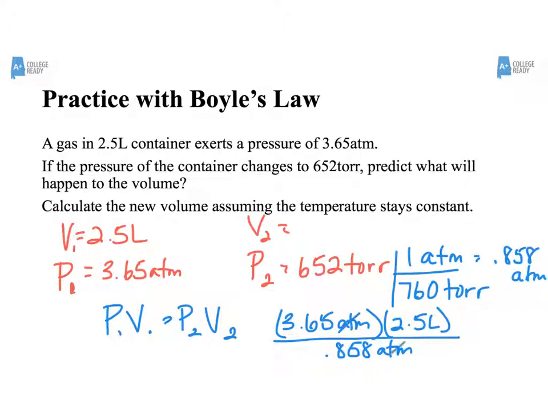Notice that these units go away and I'm left with liters, which is good because that's what we're trying to find. What is our new V2? And so V2 is equal to 10.6 liters.